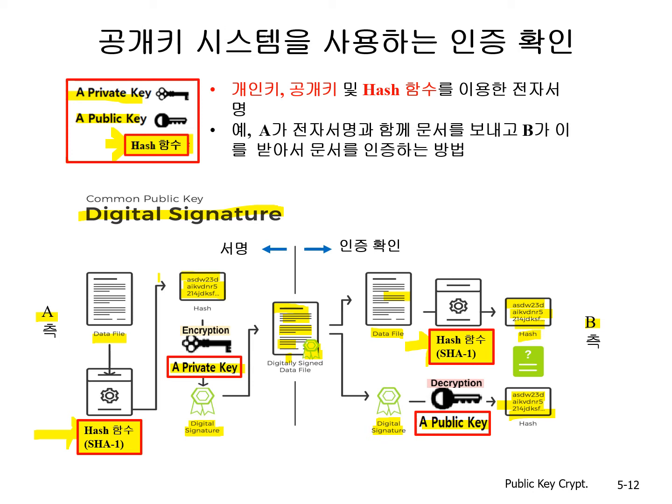Then Bob compares the two. If the two hash values are equal, then Bob can authenticate that this document was sent from Alice.